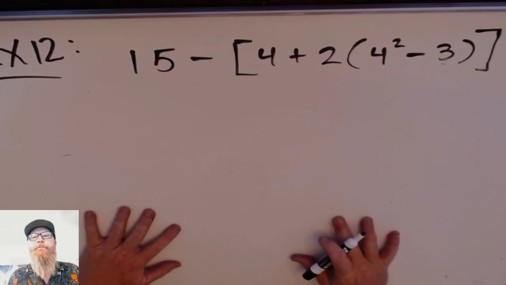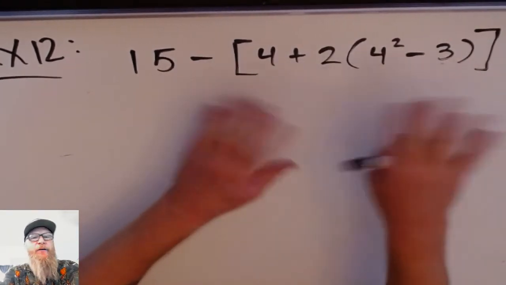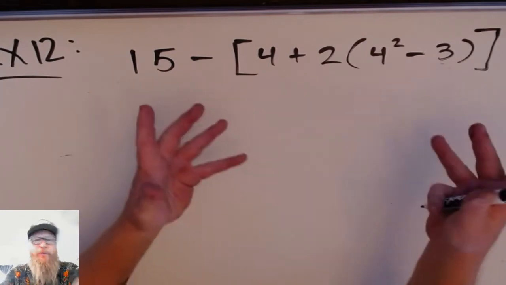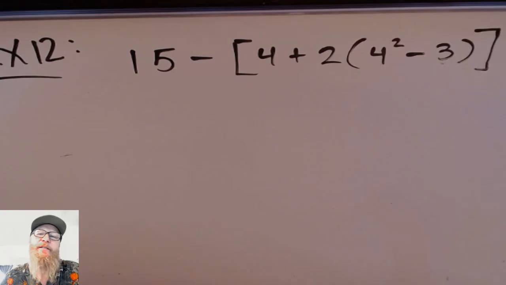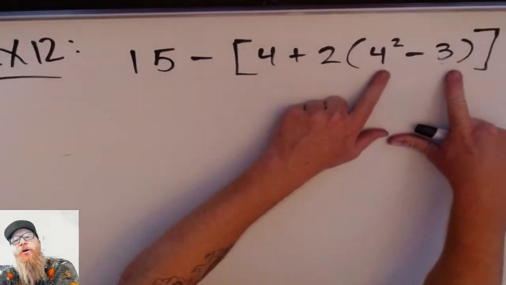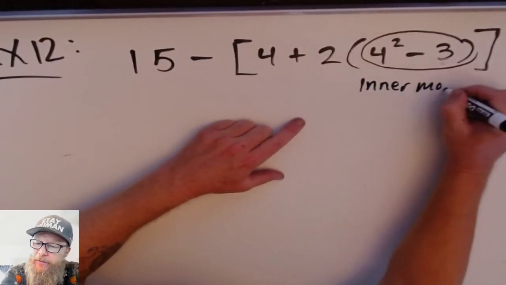Here we go. So we often use staggered brackets and parentheses, sort of alternating. Brackets mean the same thing as parentheses. It's just a way of breaking it up for your eye. So you're always going to start with the innermost parentheses first.